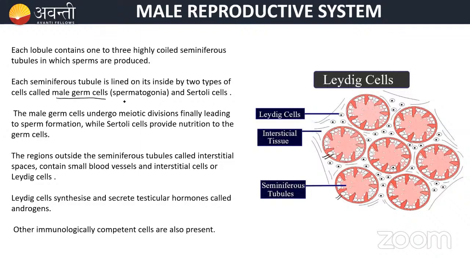One is the male germ cell, also known as spermatogonia, and the other is the Sertoli cell. The spermatogonia give rise to sperm after mitotic division. And the Sertoli cell's function is to provide nourishment to the sperm.